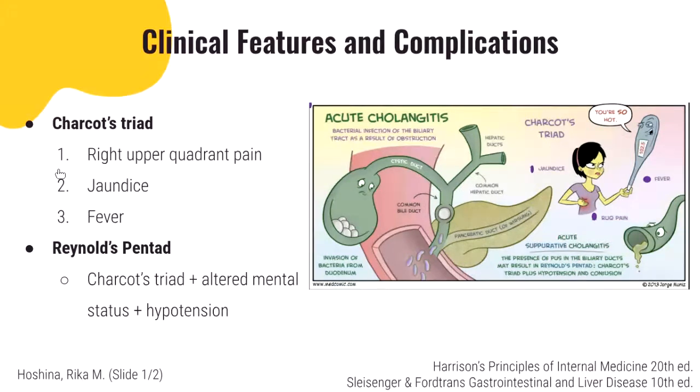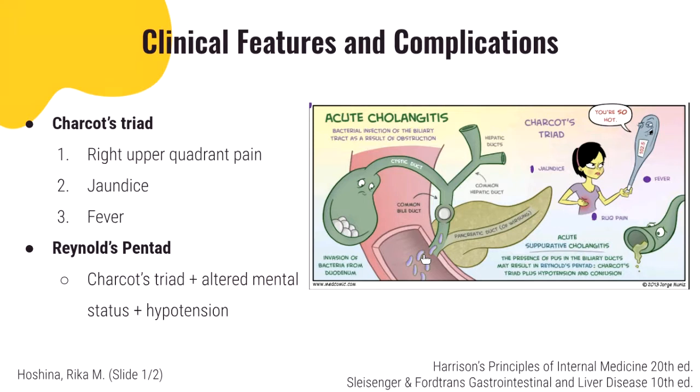So this triad manifestation is only present in about 70% of the patients. The figure shows obstruction in the bile duct, which caused the symptoms earlier, as well as the bacterial contamination.